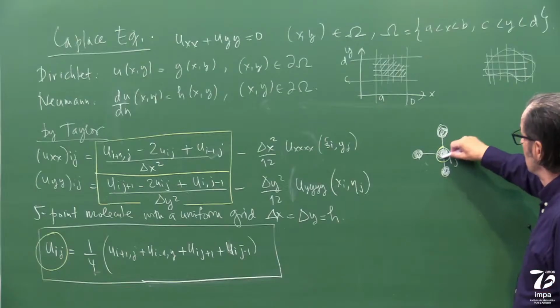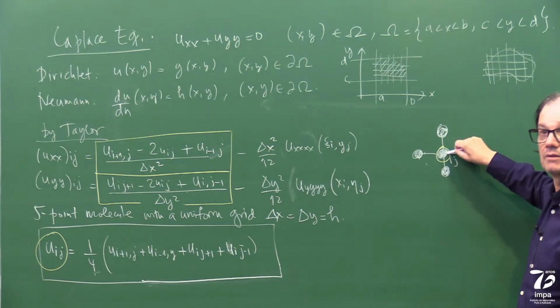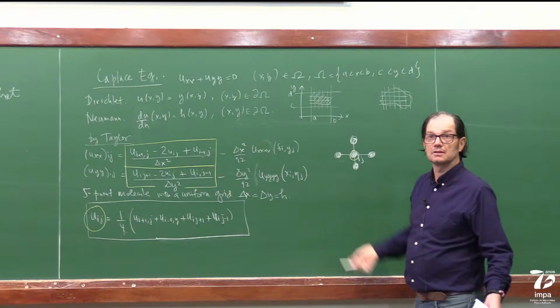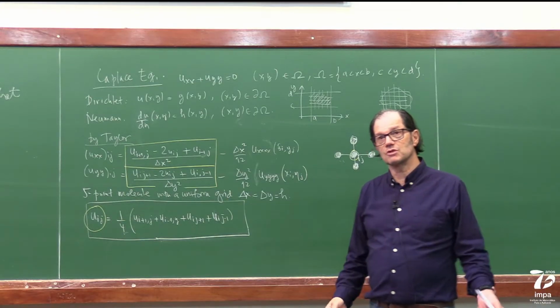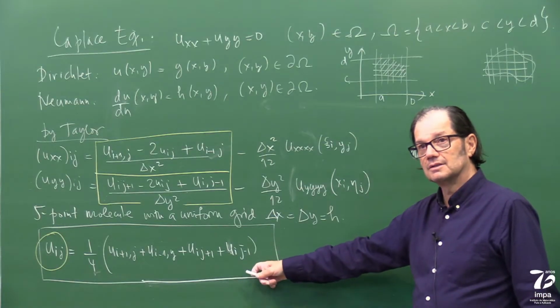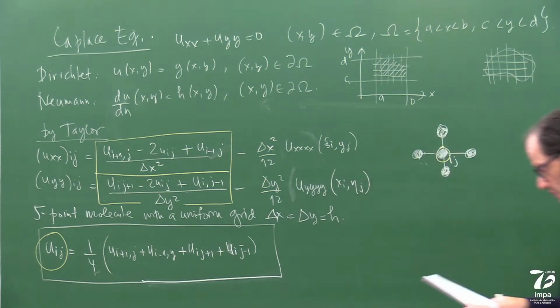So if the value here in the middle is the arithmetic mean of these guys, this guy has to be smaller or equal to these guys, and that will give us a discrete version. This is already the mean value version, but it gives us also the maximum principle.